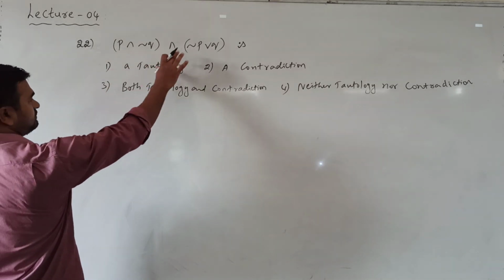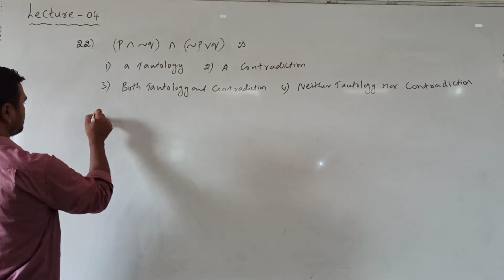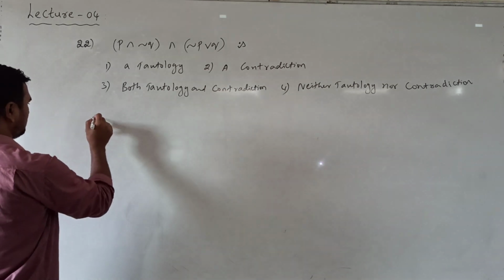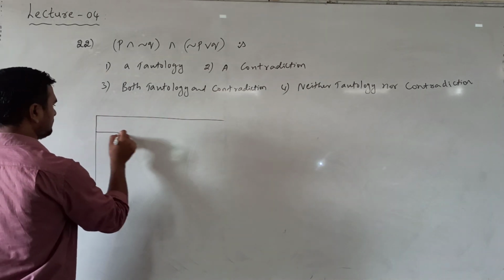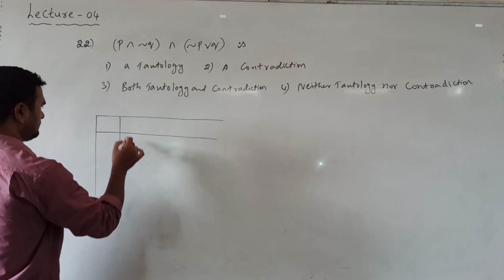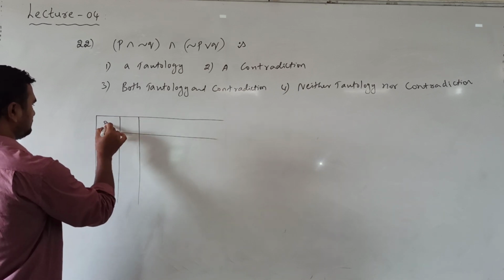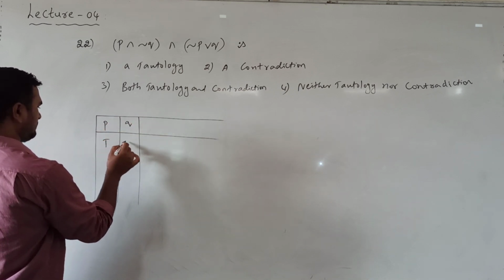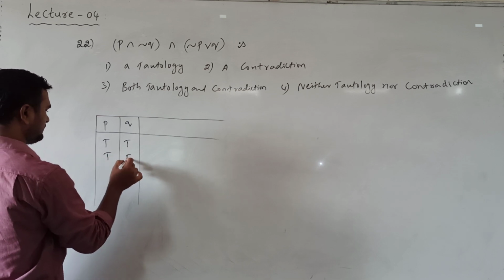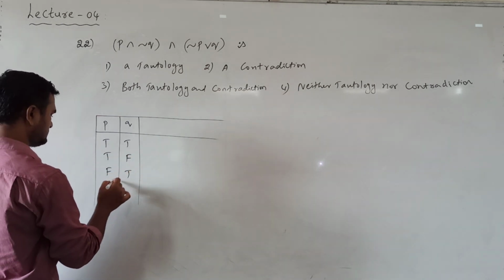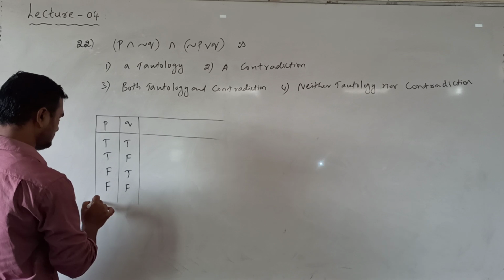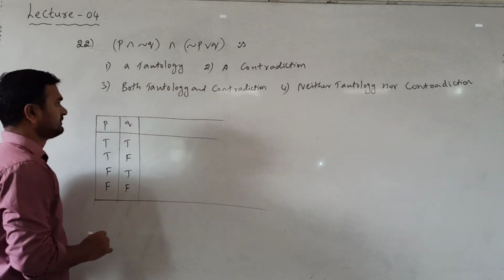We need two propositions P, Q, with values true, true, false, false for P and true, false, true, false for Q.